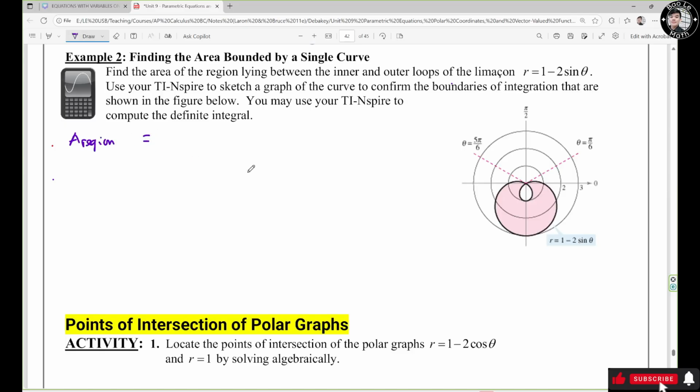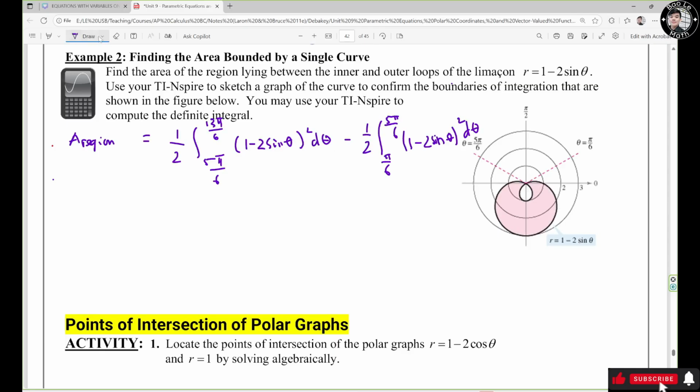So we have the area of the region is the area of the whole thing right here, subtract the area of the inner loop. Now we're going to use the formula sine squared theta equals 1 minus cosine 2 theta over 2. So this turns out to be 1/2 the integral from 5 pi over 6 to 13 pi over 6.